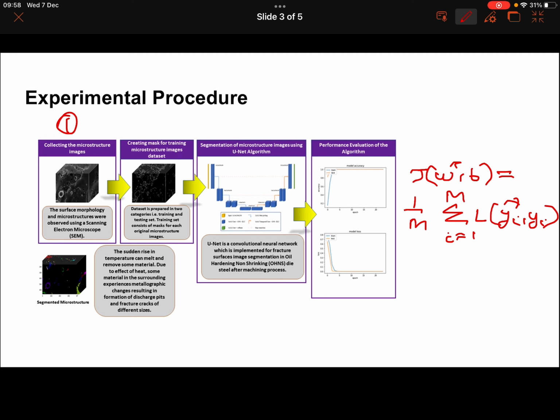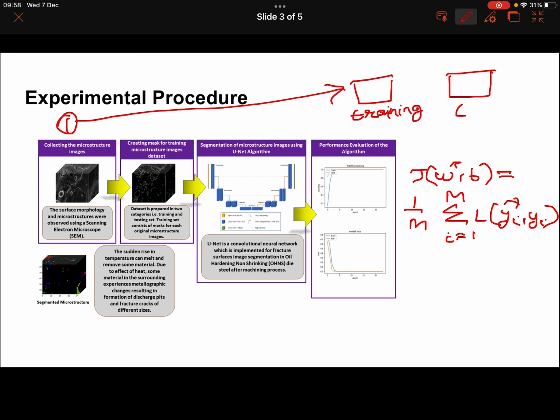The macrostructure images were collected by using scanning electron microscopy, and after collecting the images, we divided them into two folders. First one is the training folder, and the other folder is the testing folder.